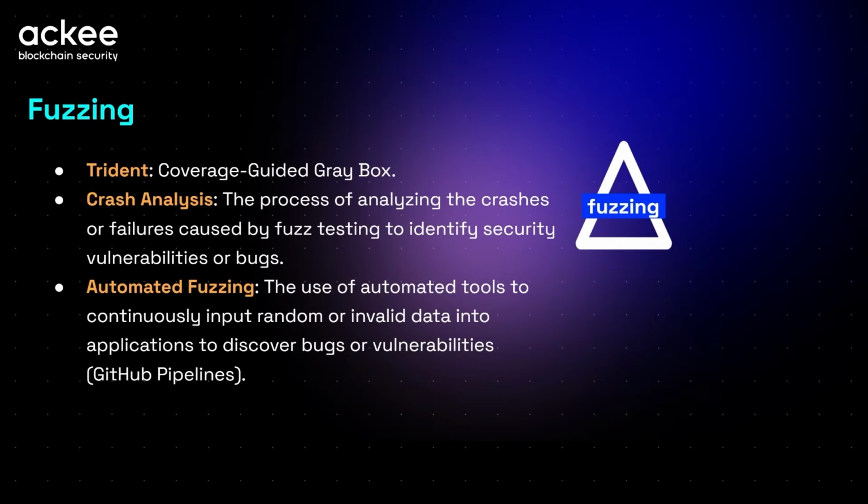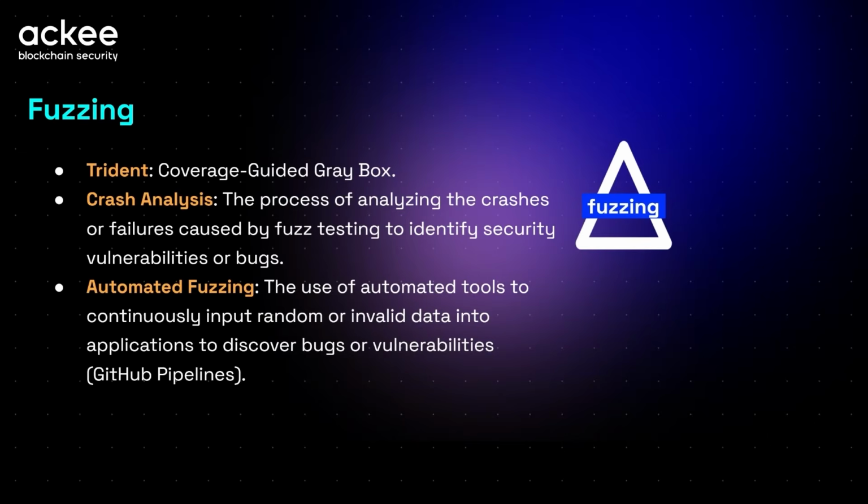The next important point can be automated fuzzing. It is worth noting that it might be helpful to write GitHub pipelines, for example, so that every time you create a pull request to, let's say, some of your branches, the pipeline will trigger and run Trident for some particular number of iterations.